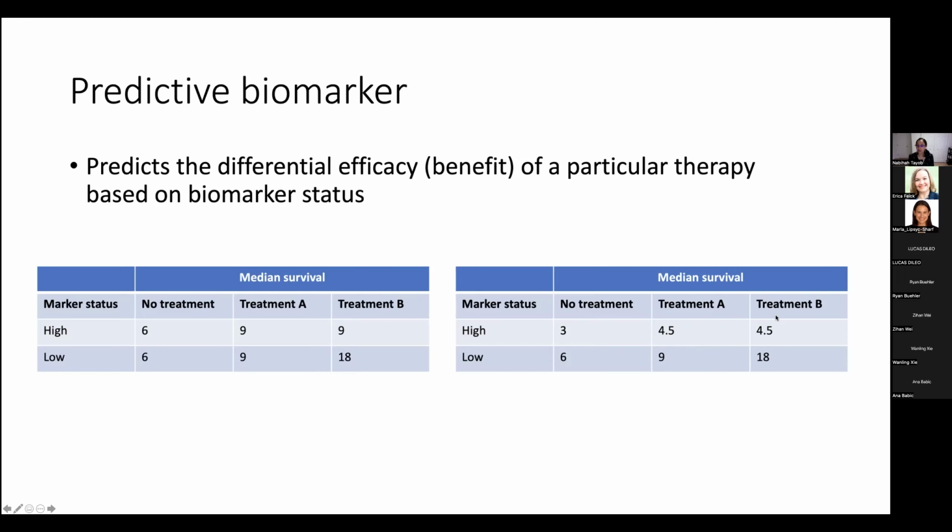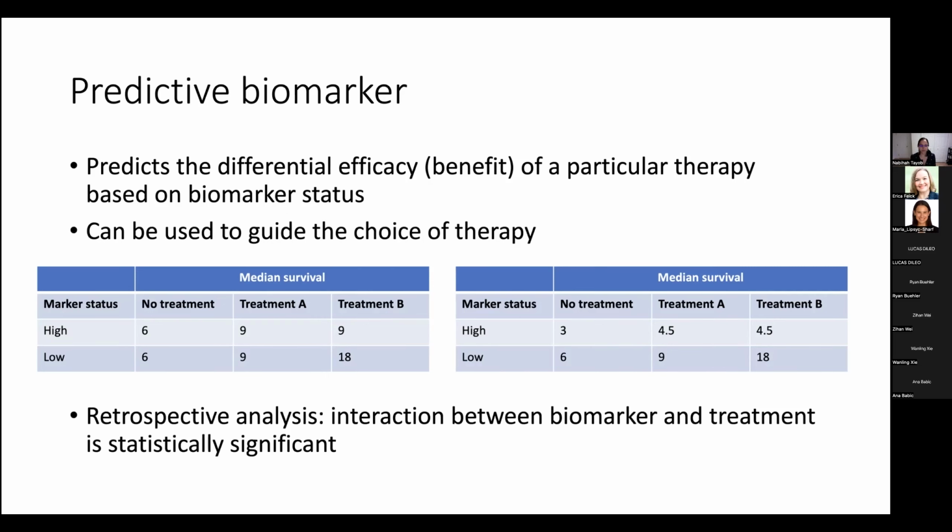But if you receive treatment B and you have biomarker low, you actually have a benefit with treatment B. So your median survival goes from 4.5 to 18. This is telling you that not only is it prognostic, it's predictive. It's telling you differential efficacy of treatment B in patients who have low biomarkers. So it can be used to guide your choice of therapy.